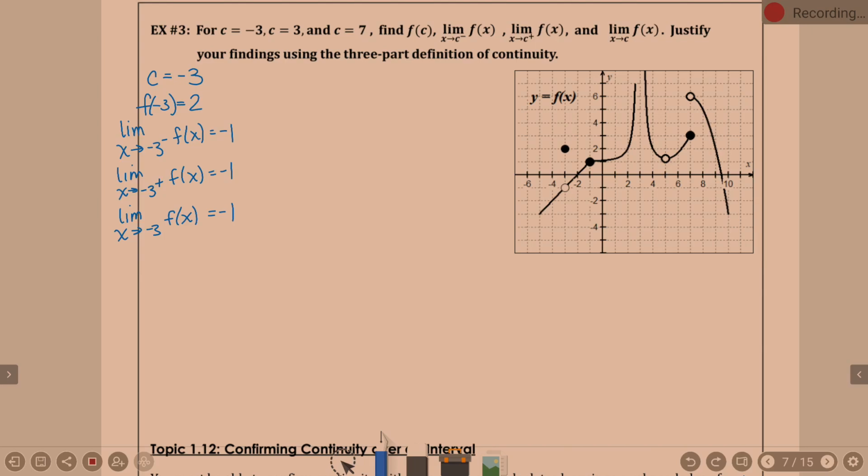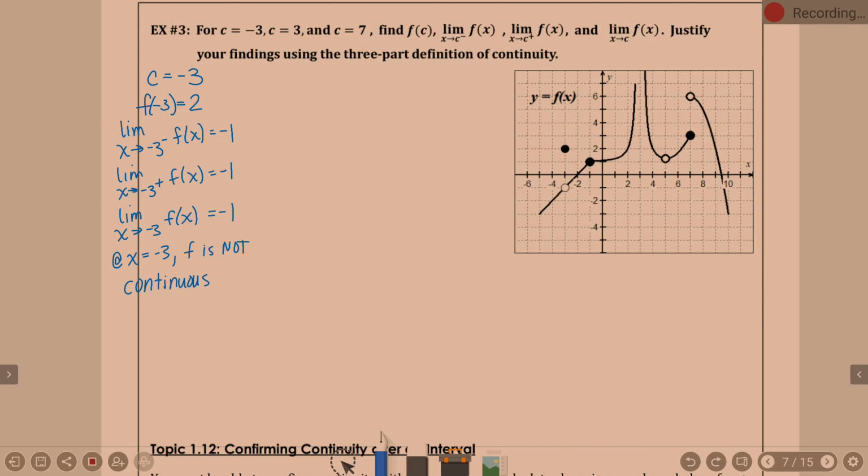Now, I guess I never actually wrote that out, but is this continuous? Yes. No. Not continuous because we have that jump, that hole, right? So not continuous there. With that in mind, what I'm going to say here is that at x equals -3, f is not continuous, and mathematically put, the limit does not equal the point, right?